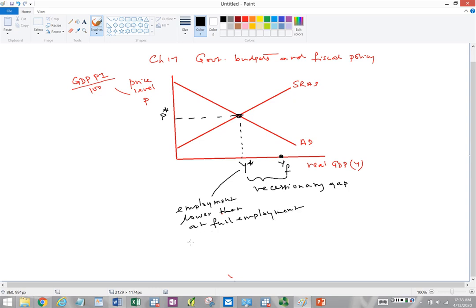And this, of course, implies that unemployment is higher than at full employment.